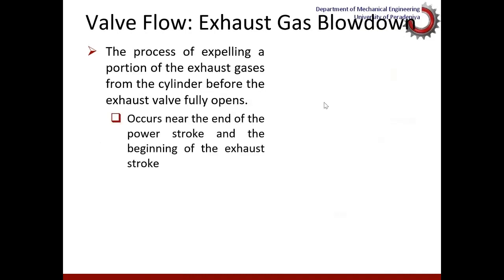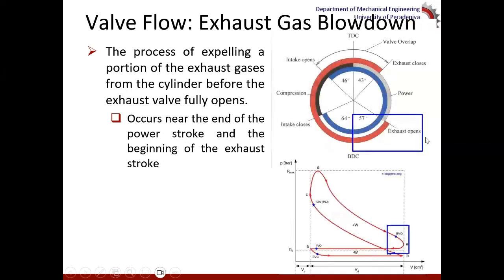Let's look at gas exhaust blowdown a little in detail. I introduced this term earlier as well. The gas blowdown takes place when the exhaust valve opens, when the piston comes down during the expansion stroke before it reaches the bottom dead center.